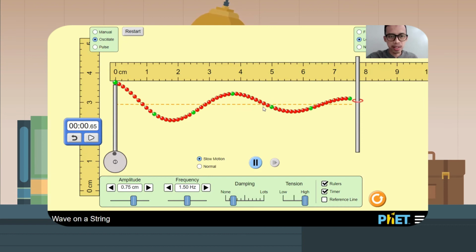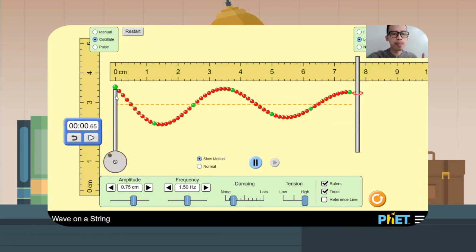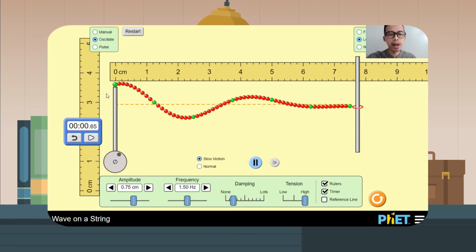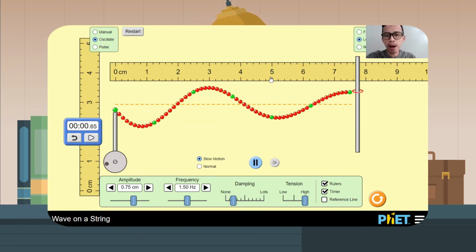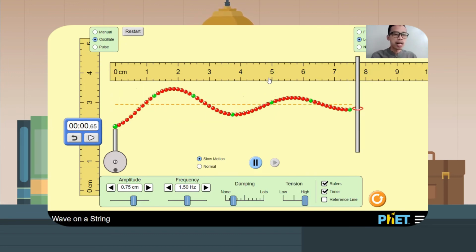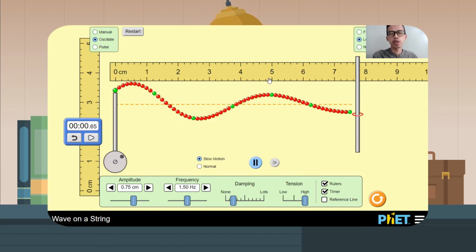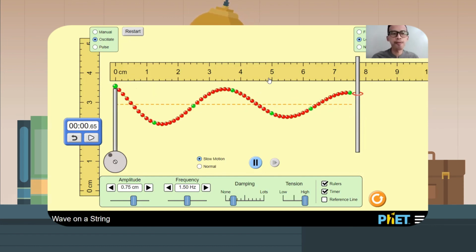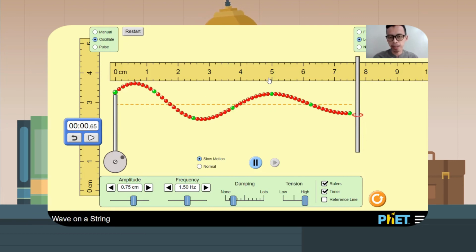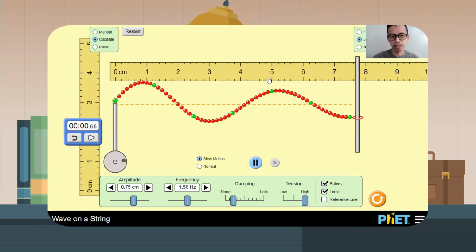Now, when the green ball reaches the maximum position, I will start the stopwatch. And when the peak moves to the right and reaches 5 centimeter, I will stop the stopwatch. So the time shown by the stopwatch is the time for the wave to travel 5 centimeter, and then we can calculate the speed.